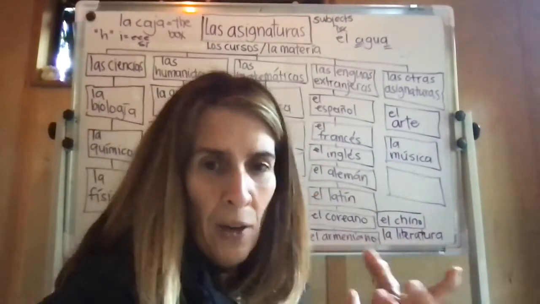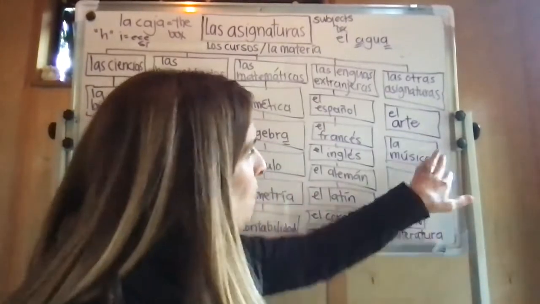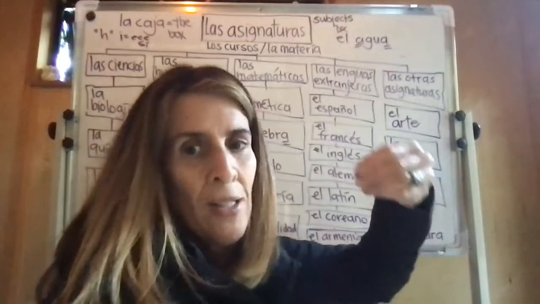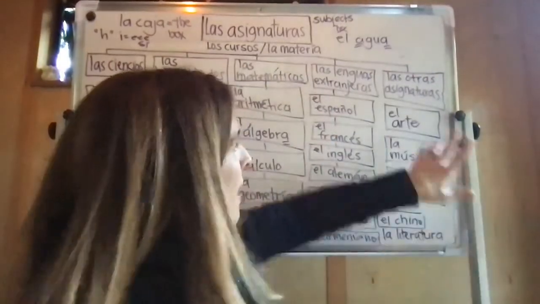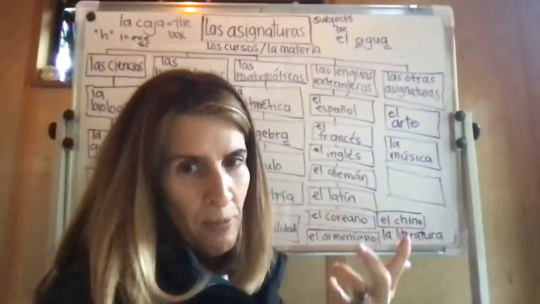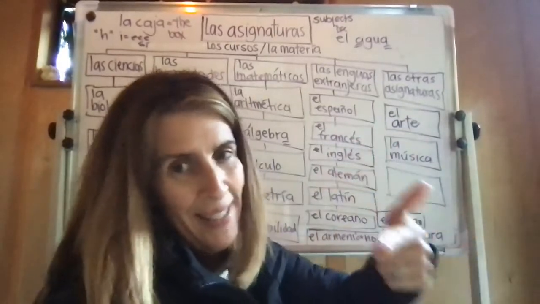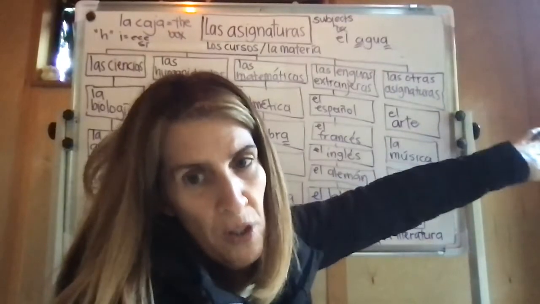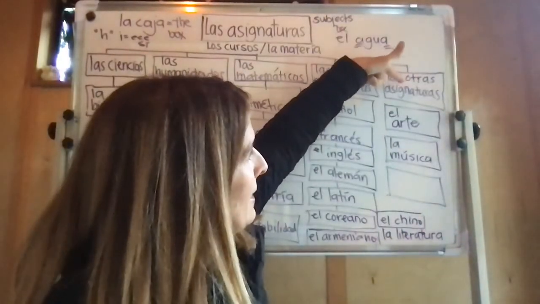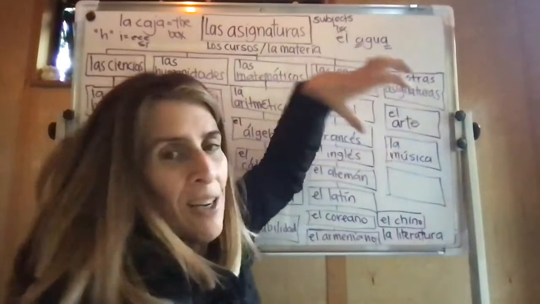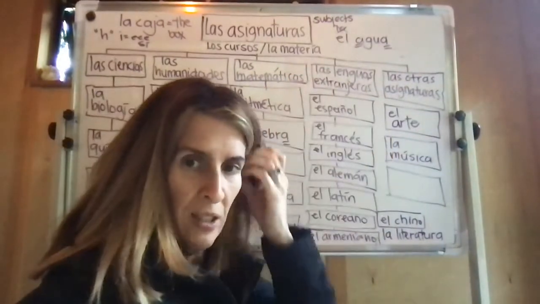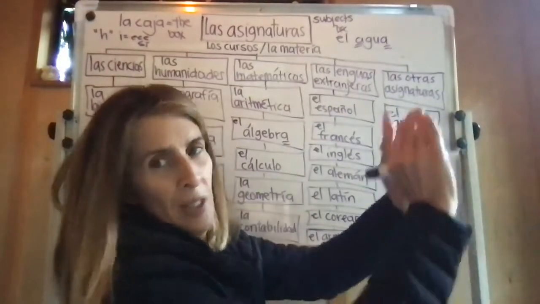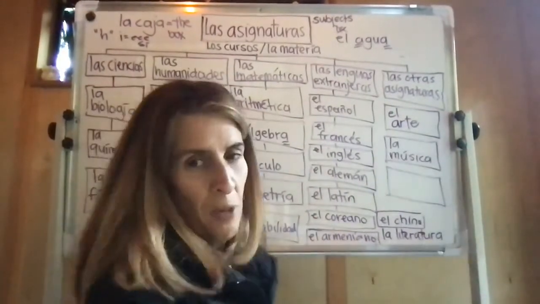I could have choir. I could have band. So music, la música is an asignatura. It's a subject that has courses within it. El arte, art is also a subject because you can do sculpture, you can do painting, you can do drawing, you can do different courses under there, different cursos. So this is why I call it asignaturas and I don't connect them because they're their own subject matter, okay? Their own asignaturas with courses, but we're not going to get into all the courses available, okay?